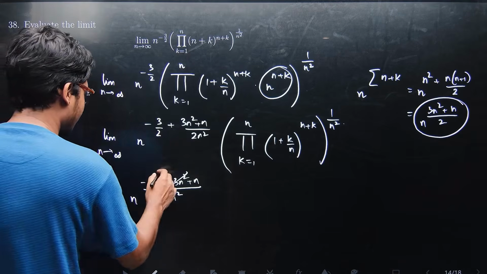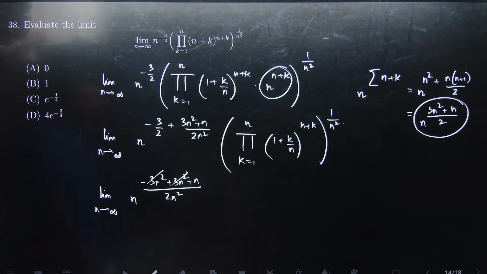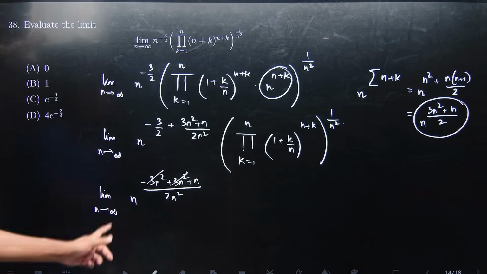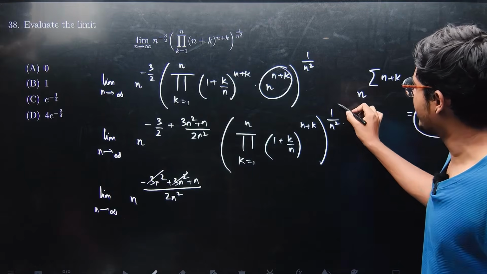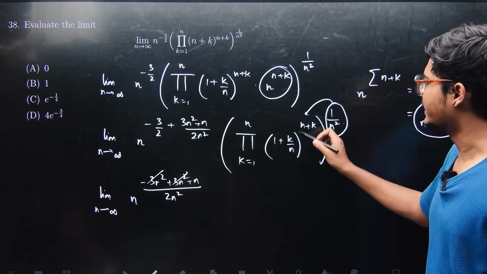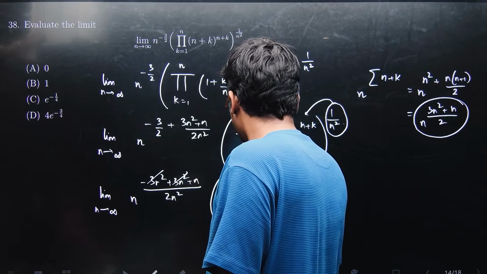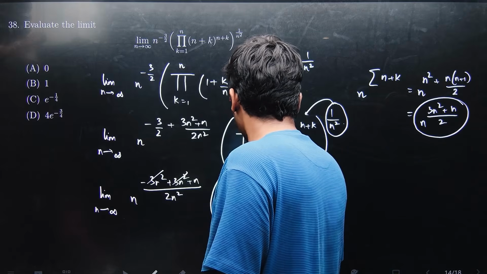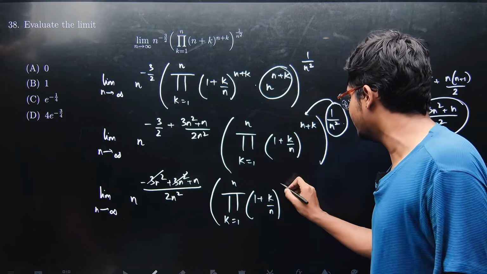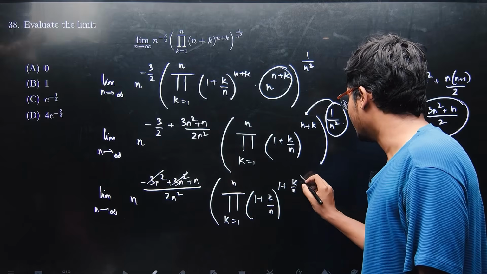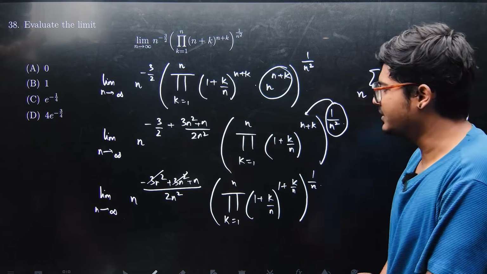So that just gives you n to the power n by 2n square, okay? So that's just basically n to the power 1 by 2n, okay? Times from here what I'll do is I'll take one of these n's and put it inside, okay? So I'll get k equal to 1 to n. This will turn into 1 plus k by n whole to the power n plus k by n, right? So that will just become 1 plus k by n, right? Whole to the power 1 by n. So this is your required limit.